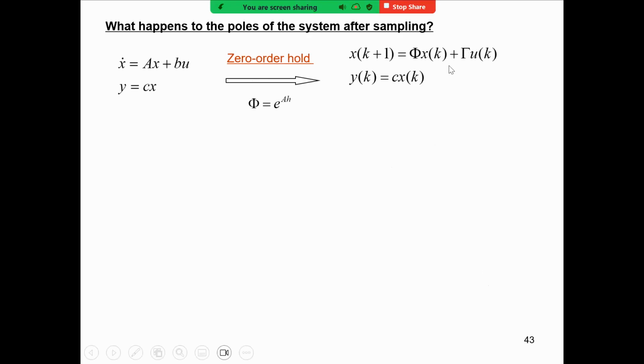But first, imagine you have a system, and the system is stable, and then you do the sampling, you extract the system, and you get a sampled system. If the original system is stable, by sampling, the sampled system must be stable, right? Sampling does not change the stability.